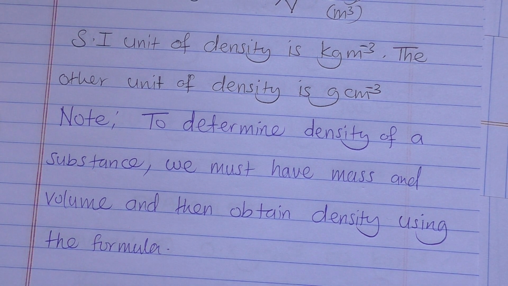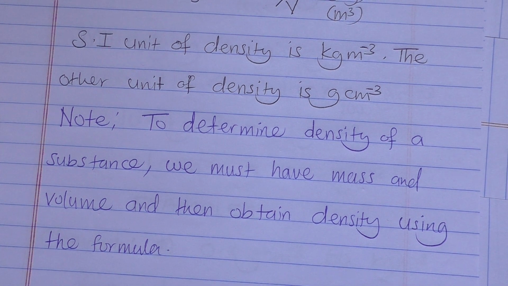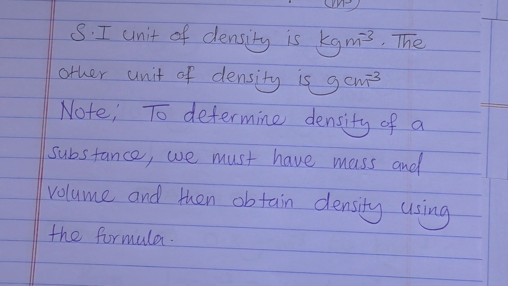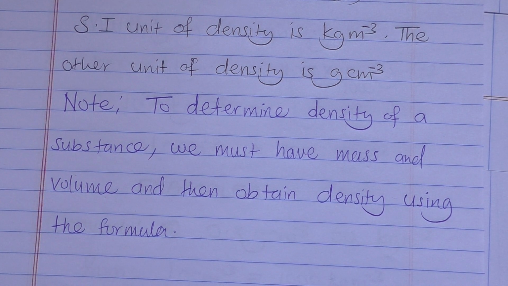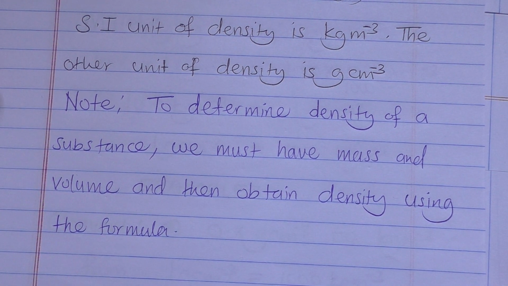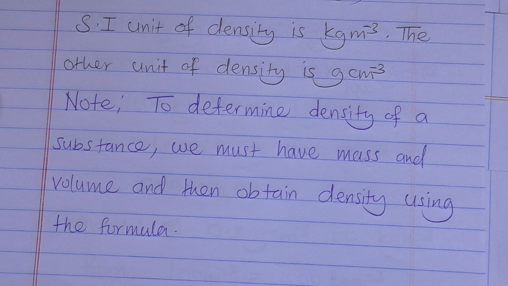So, for instance, if I want to get a density of a stone, I'll get its mass using a beam balance. I'll get its volume using either displacement method or overflow can method, and then divide the mass by volume to get density.